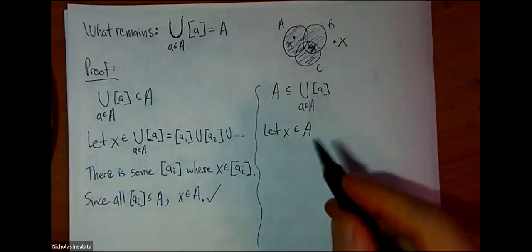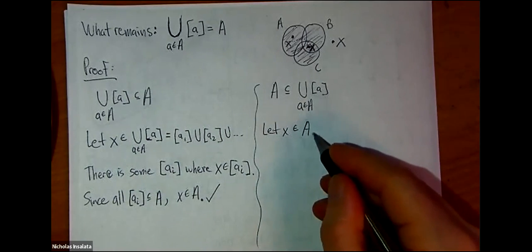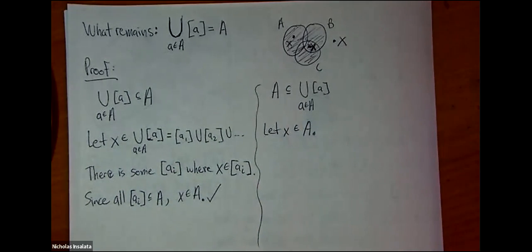Okay, now we've got X is an element of big A. Now what do we do? Now here's where it gets a little, well, these are both sneaky.